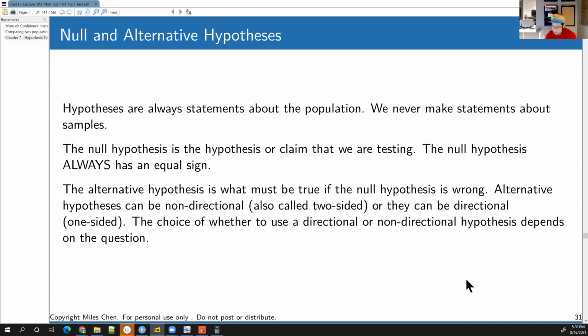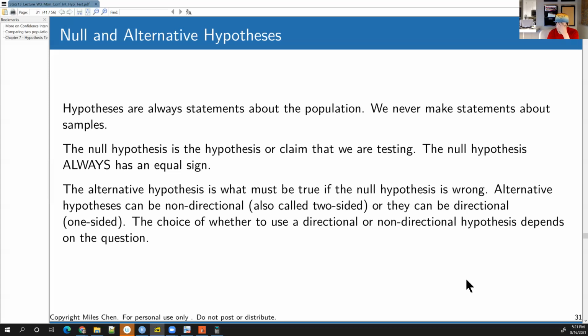The null hypothesis is paired with what's called an alternative hypothesis. Okay. And the alternative hypothesis has to be kind of the outcome, what must be true if it turns out that the null hypothesis is wrong. Okay. So alternative hypotheses can be non-directional, which we can say is a two-sided alternative.